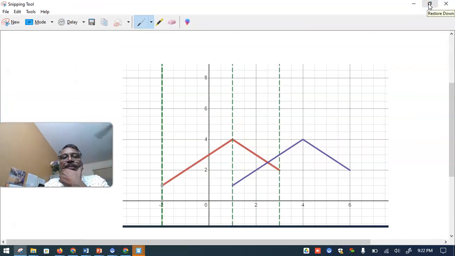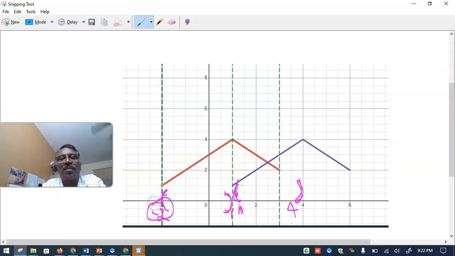So this interval, which was in the beginning where it was increasing, now it is increasing here, this part. So from -2 to 1, but now it is increasing this way. See, it is from 1 to 4, it is increasing.